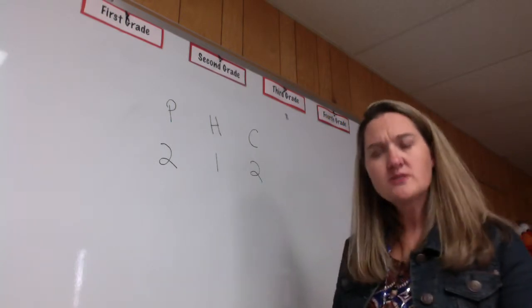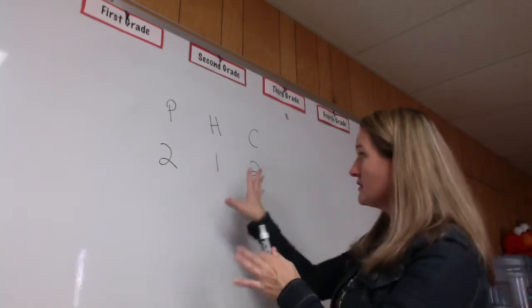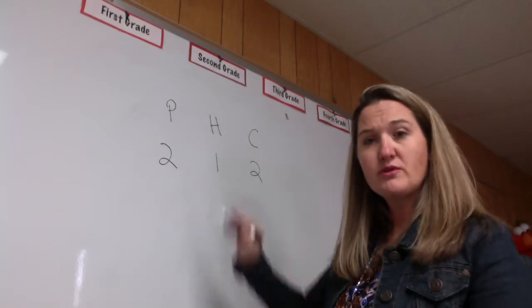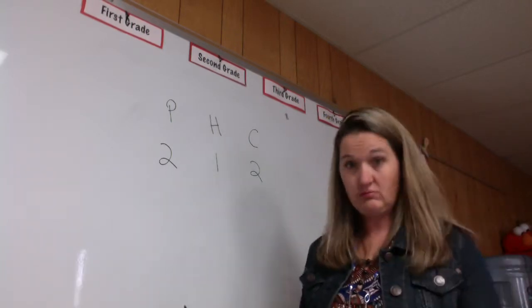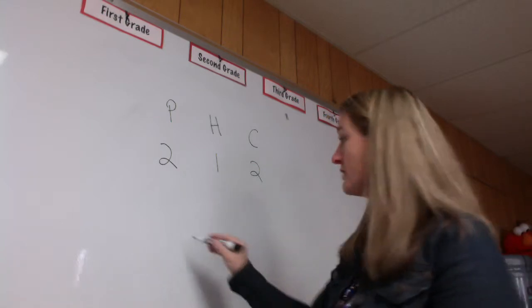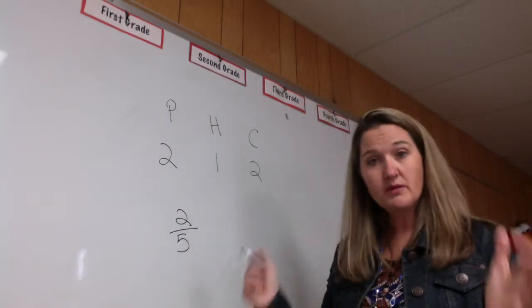So I'm going to go ahead and make a probability here. Out of the 5 kids, 2 preferred pepperoni. So what's the experimental probability that they will choose pepperoni? Well, I've got a 2 out of 5 chance kids will like pepperoni.